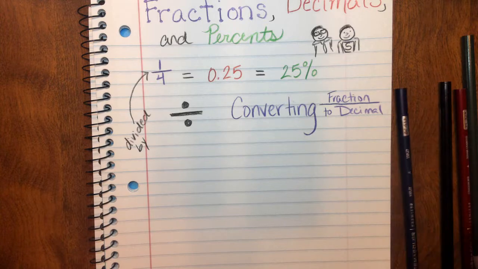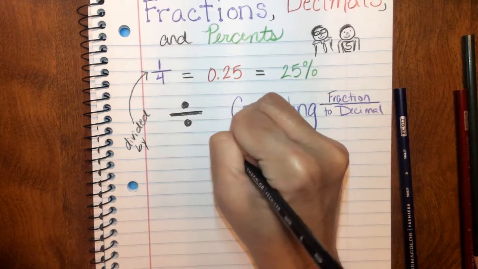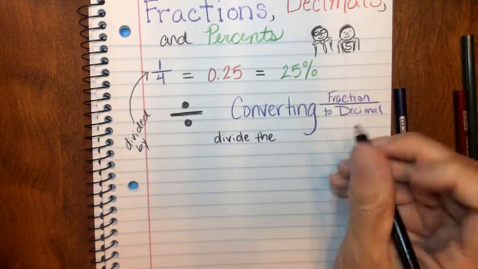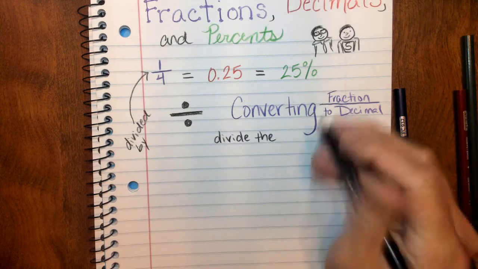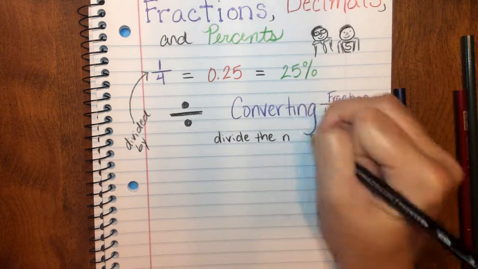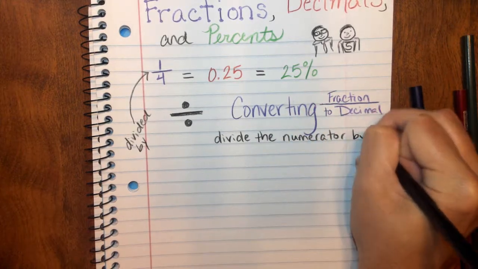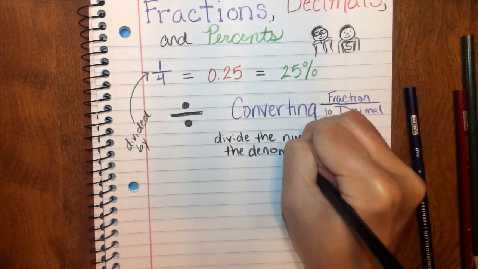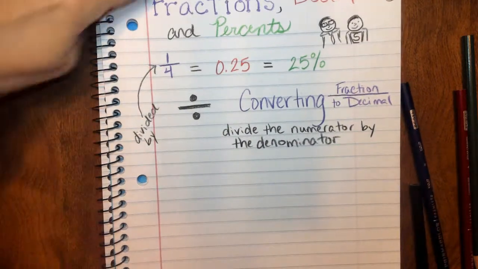So you are going to divide, I'm trying to really think about how I say this. It would be 1 divided by 4. So it's the numerator by the denominator. Divide the top number by the bottom number.